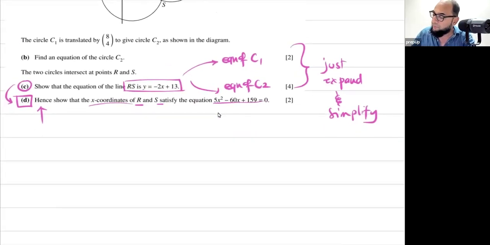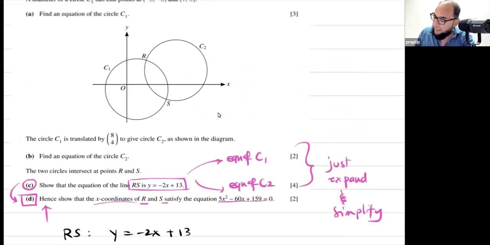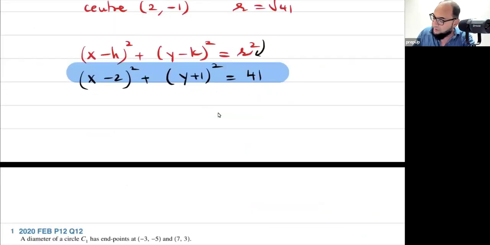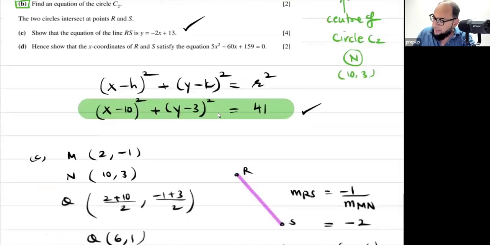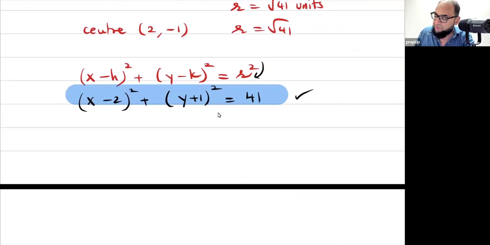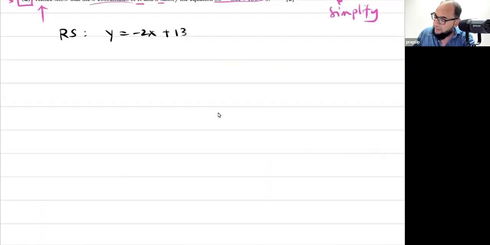So now let me write it down. So we have RS, y is equal to negative 2x plus 13. And let me go back up and either use this equation, that is perfect, or use this equation, doesn't make a difference. I'll just choose the one with small numbers. I'll choose this one. x minus 2 whole square plus y plus 1 whole square is 41.